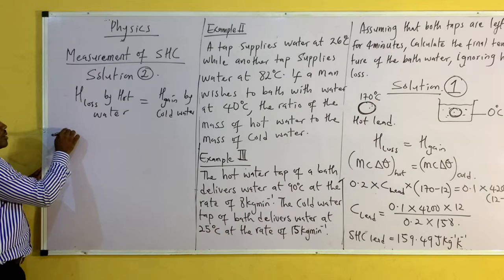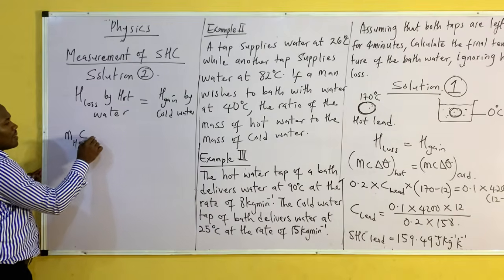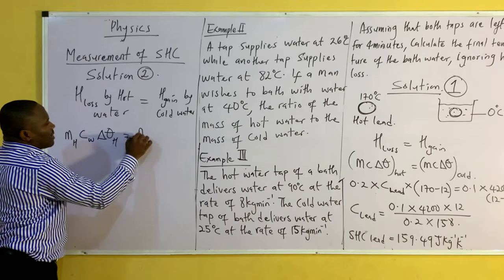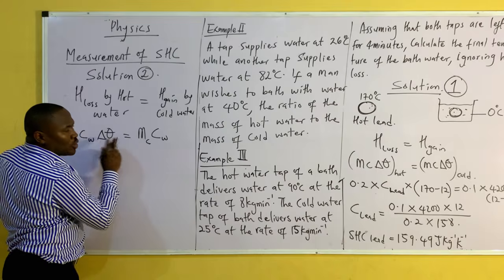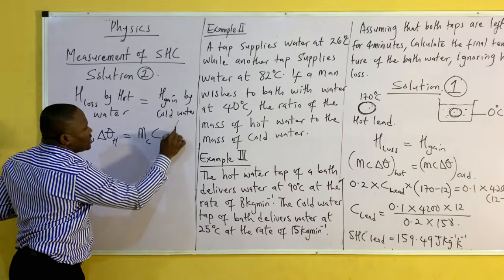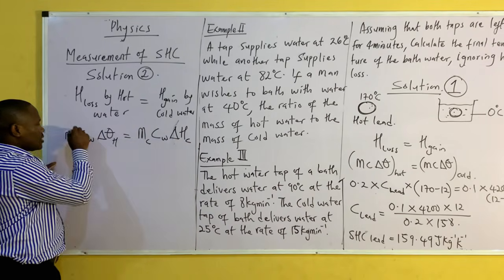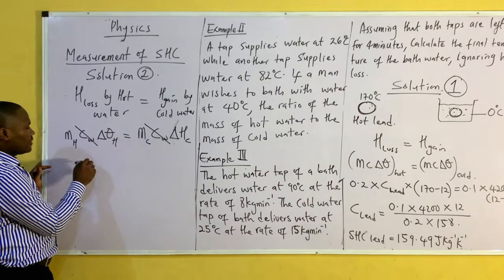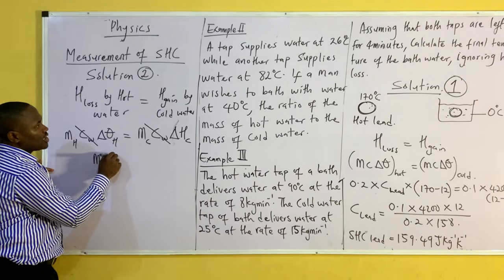It becomes mass of hot water, specific heat capacity of water, then change in temperature of hot, equals mass of cold water, specific heat capacity of water, then change in temperature of cold. Now take note, the specific heat capacity of water can cancel out. Then I now have the mass of hot times the change in temperature.